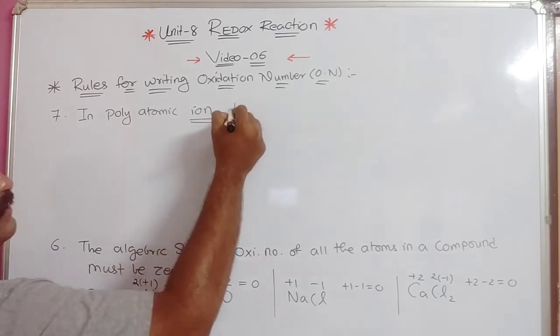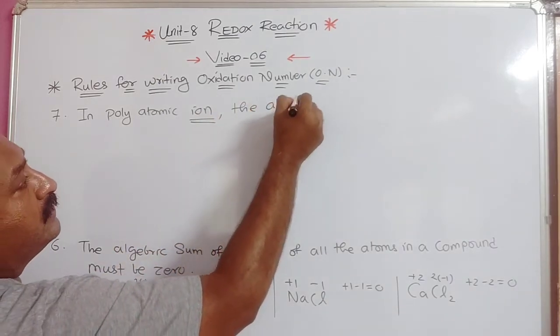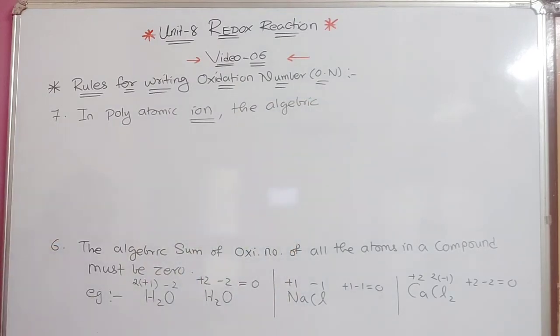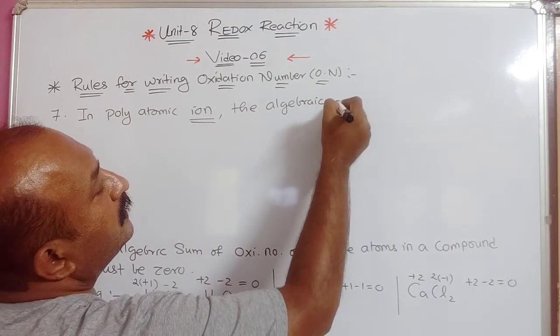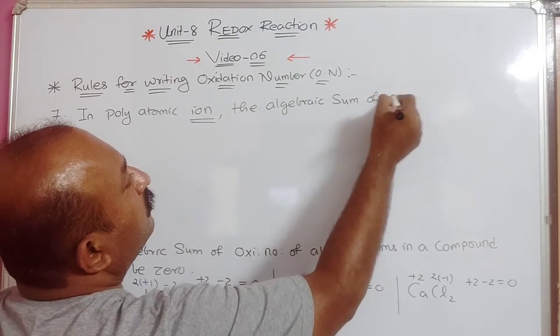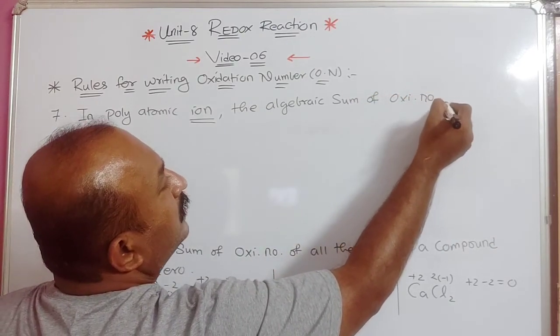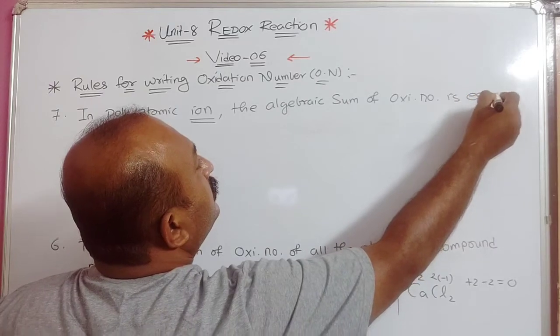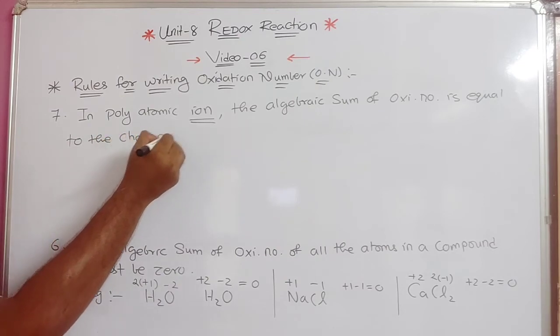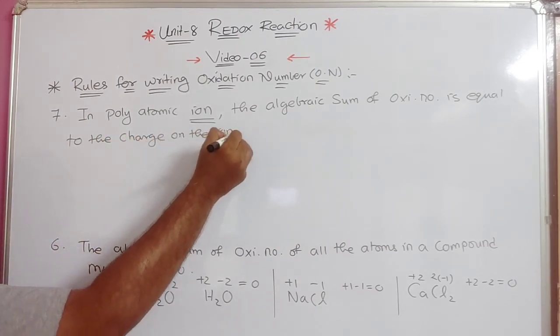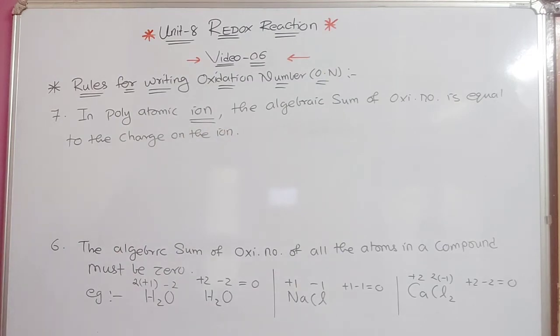In a polyatomic ion, the algebraic sum of oxidation numbers is equal to the charge on the ion. Okay, in a polyatomic ion, the algebraic sum is equal to the charge on the ion.